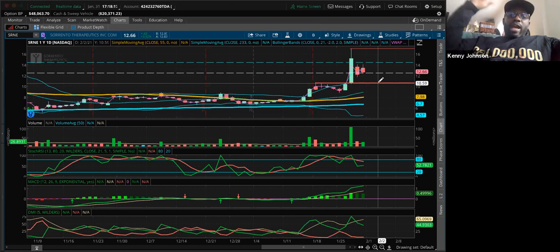So what do I got to do to break through this ceiling? And you want the floor to always be supportive, but sometimes the floor may not have enough strength to withstand the sellers, because a stock goes down because people are selling. If people are selling, the stock is going down. If people are buying, the stock is going up.